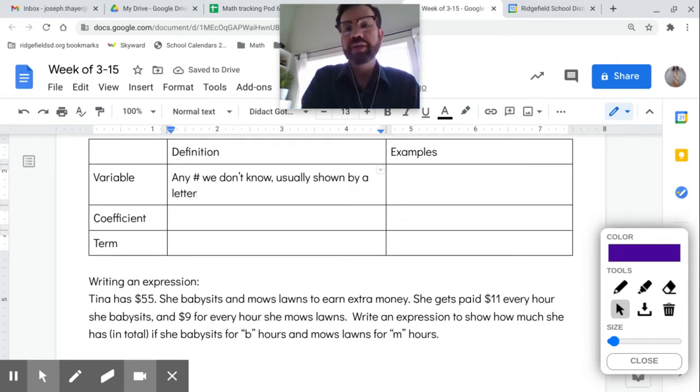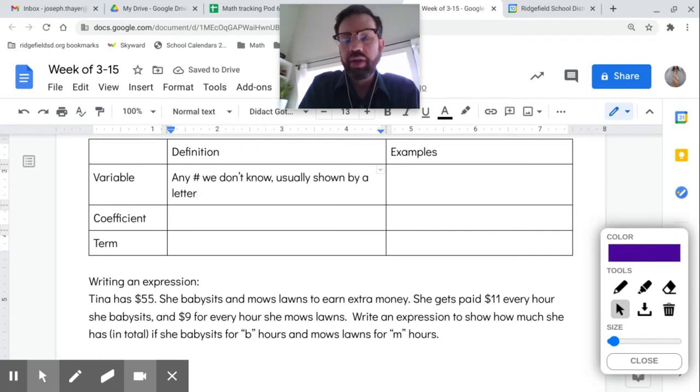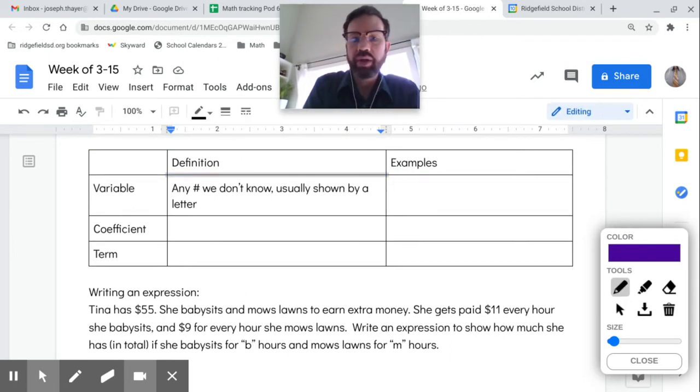So, some examples. If we had 5 times g, g is my variable. If we have a plus 7, a is my variable, right?